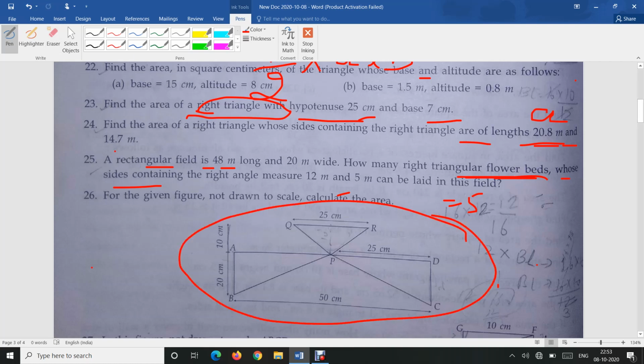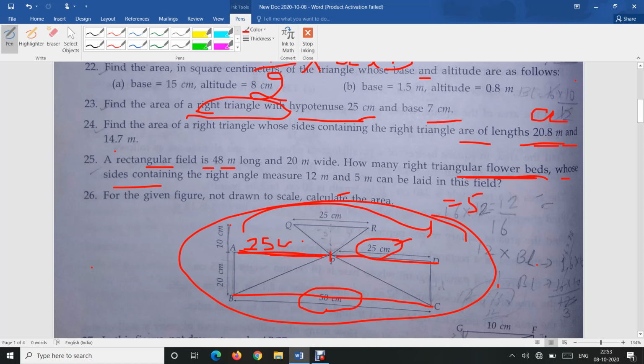The side from here to here is 50 centimeter, and if from here to here this is 25, then it will be 50 minus 25, which will be equal to 25 centimeter.